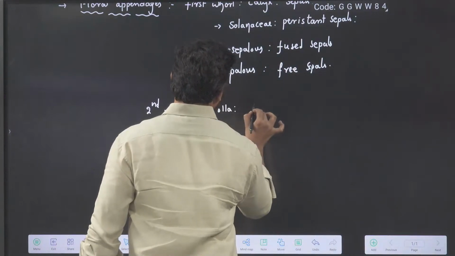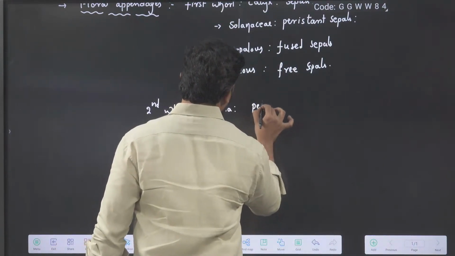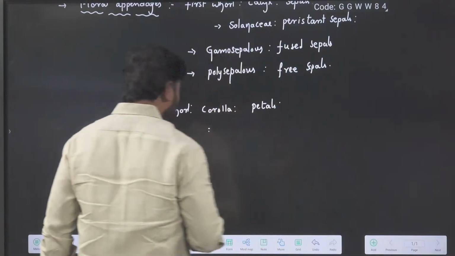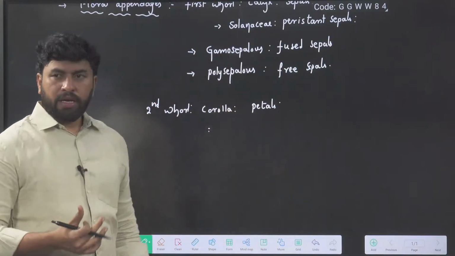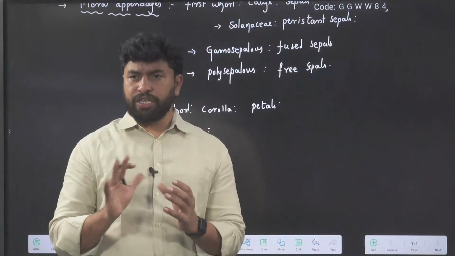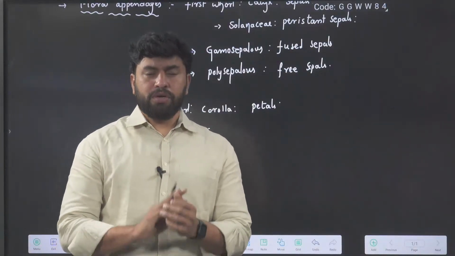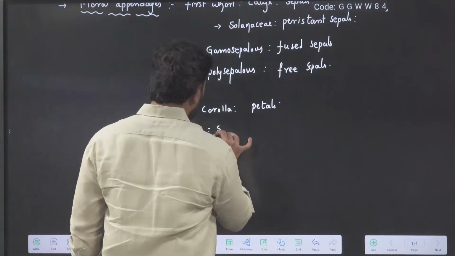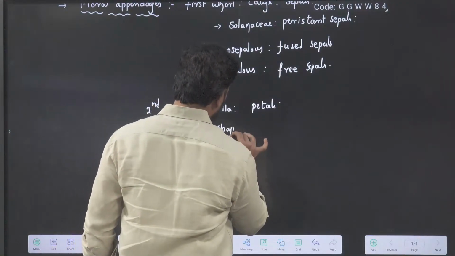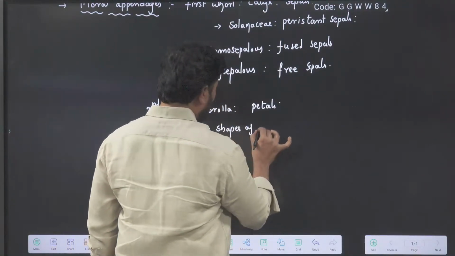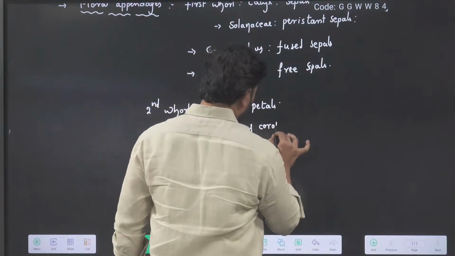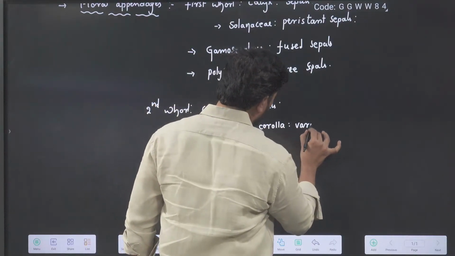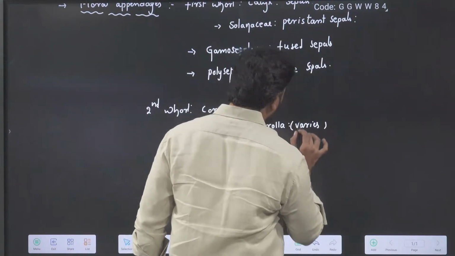Over there, members of corolla are called petals. When you talk about petals, based upon the merosity, the number of petals may change. But when it comes to the shapes of corolla, shapes of corolla vary from one member to another member.